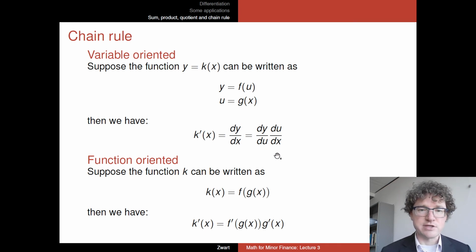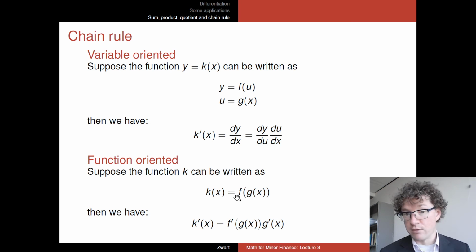If we rather use this function-oriented notation, so in terms of just the functions f and g, so k of x is first apply the function g to x, and to that outcome plug that into f, the argument of f, so f of g of x. That's the function k of x.